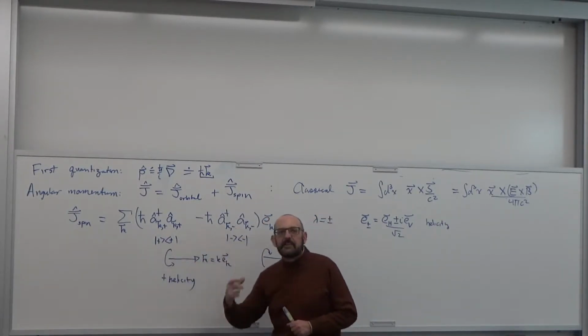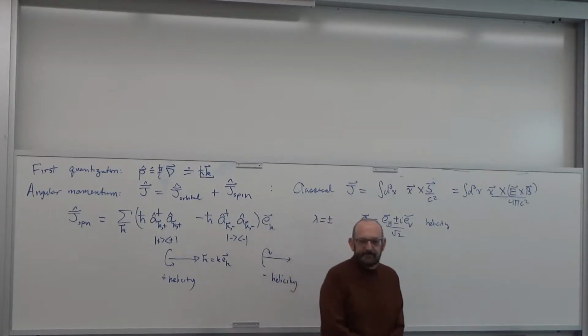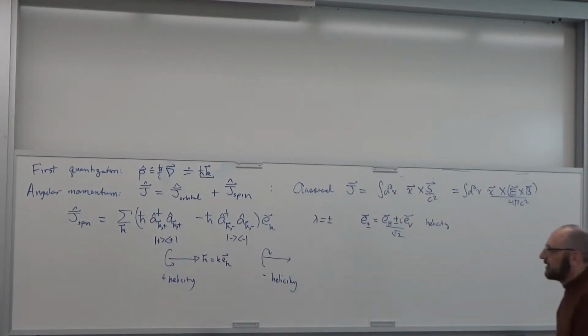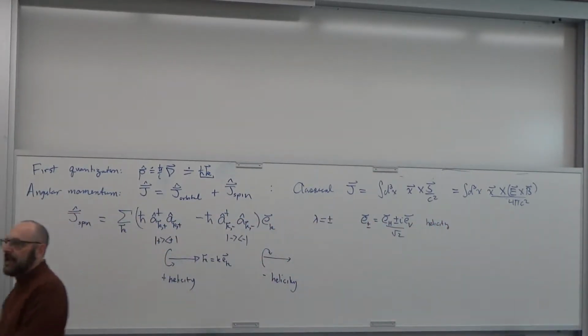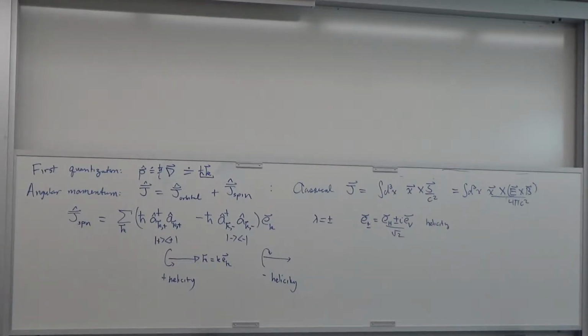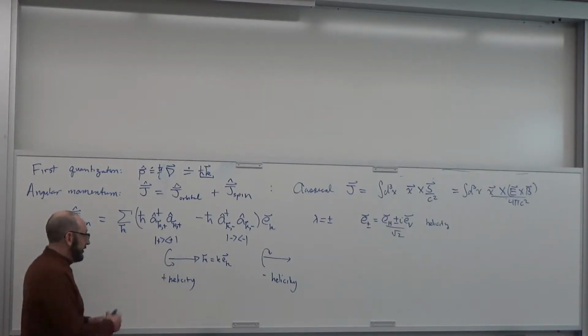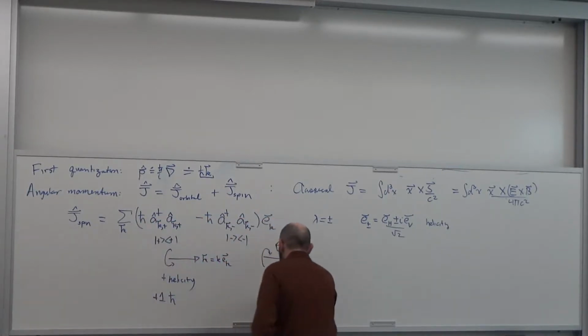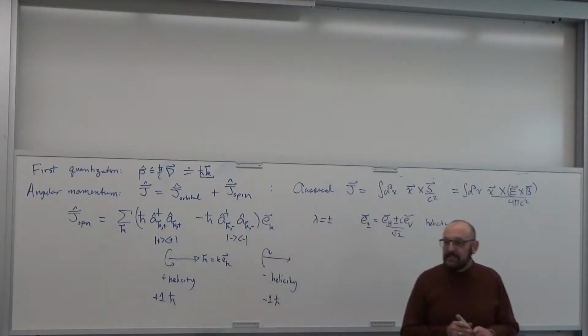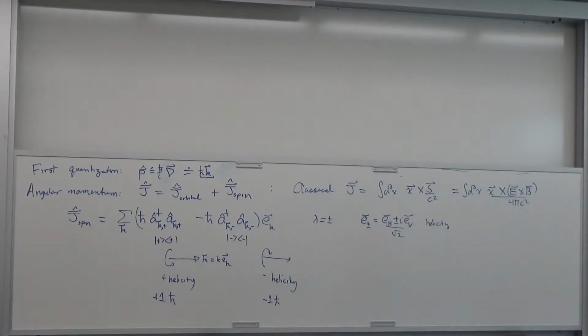But what physically does this tell me? The total amount of angular momentum and the positive helicity. So how much spin angular momentum does a positive helicity photon have? One unit of h bar. It has h bar, right? One unit of h bar for positive helicity, and minus one h bar for negative helicity.